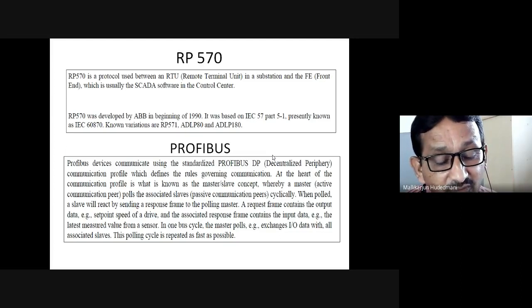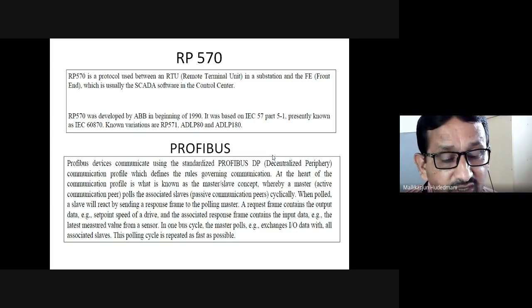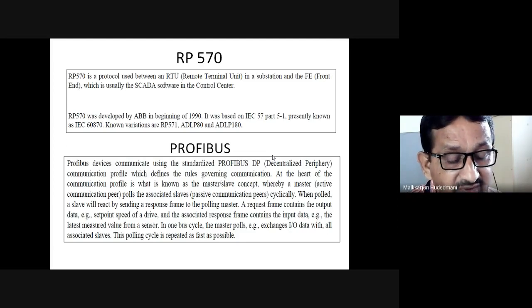Profibus has come with a decentralized mode of communication. In a plant, suppose there is one master device signaling to all the peripherals. It will query slave number one, only one will respond. Then it will query two, only two will respond.